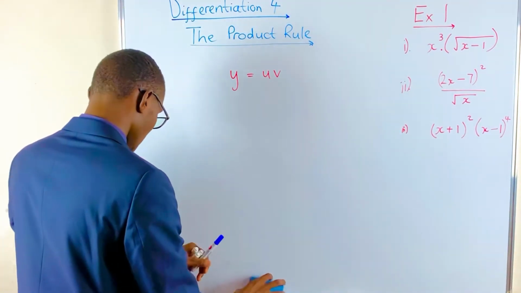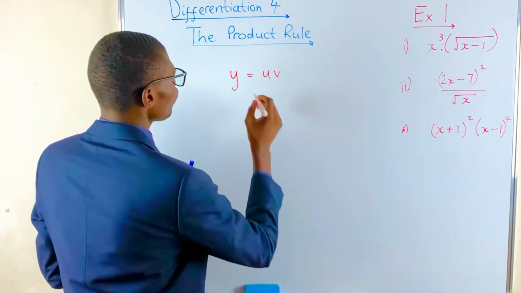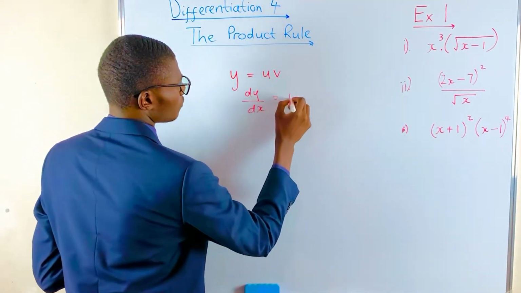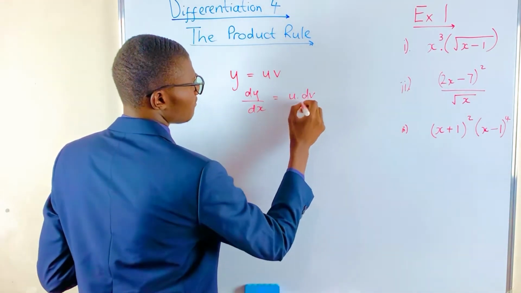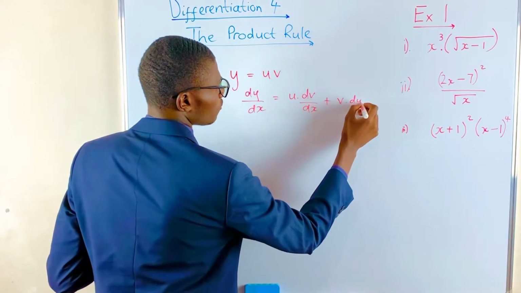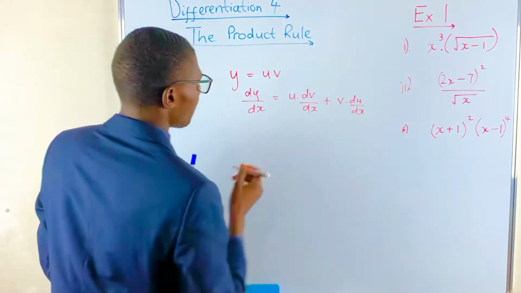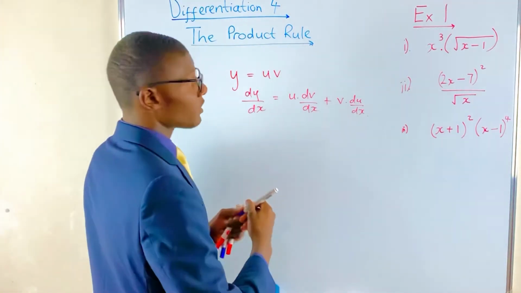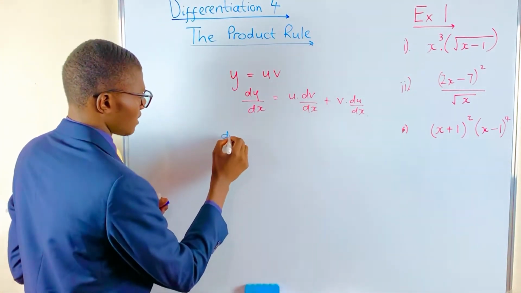So here we said dy by dx is equal to u times dv by dx plus v times du by dx. For the first example, we want to find dy by dx.